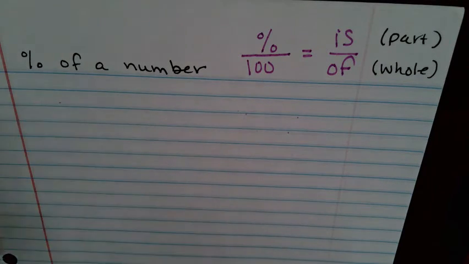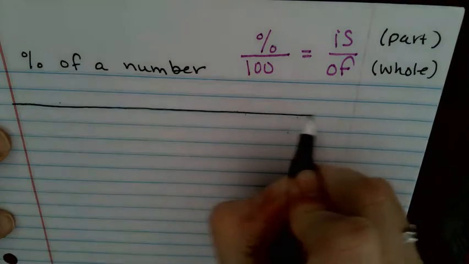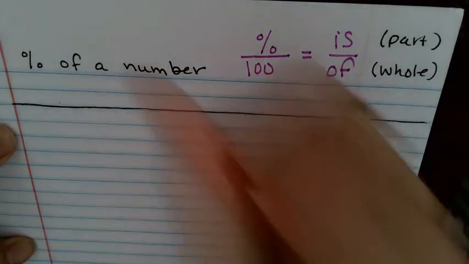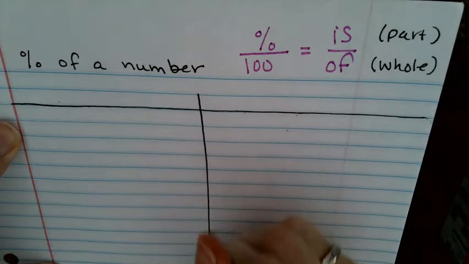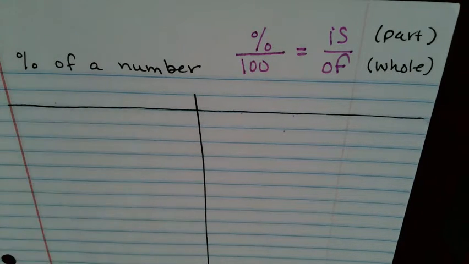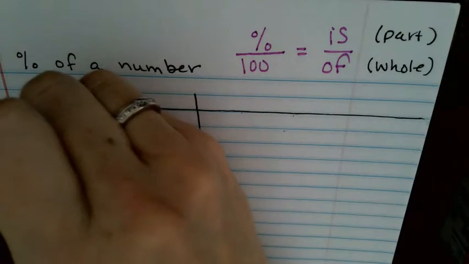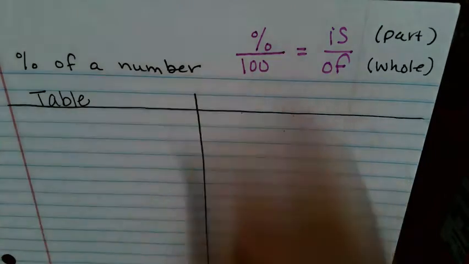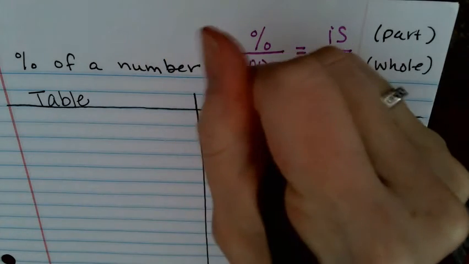So here's what I want you to do. I want you to draw a line across like this. And then I want you to draw a line straight down, close to the center. Okay? And I want to show you a table, how to solve these math problems, and I want to show you the proportion.